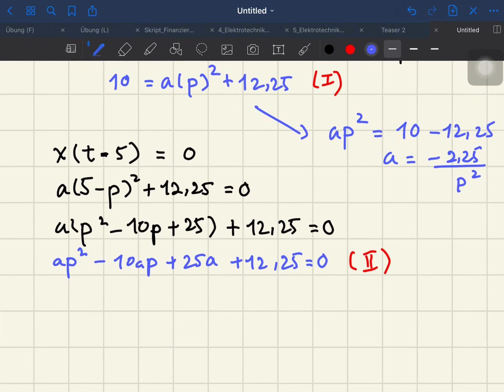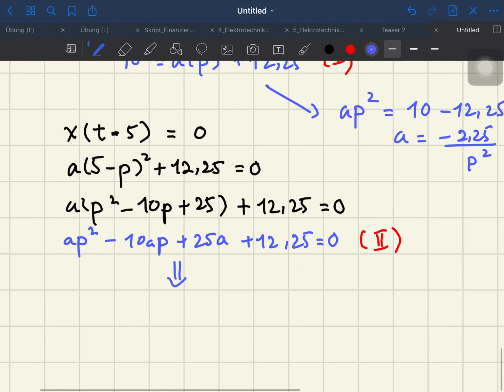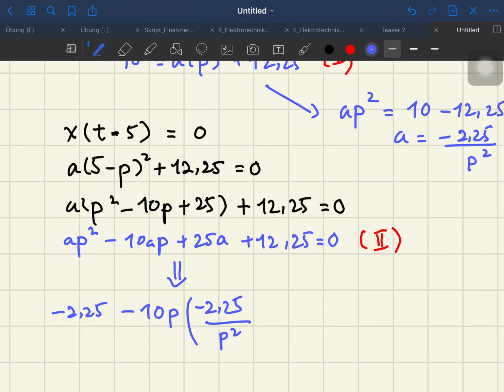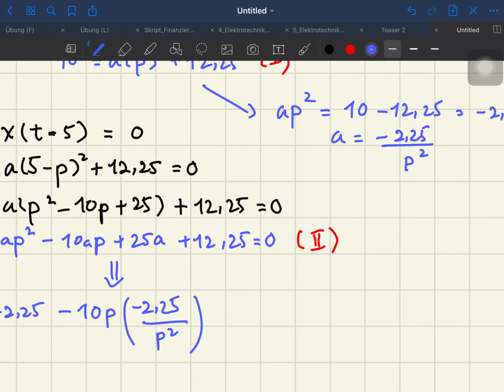You convert them in terms of p, 2.25 p squared, p cancels out, and then negative ap times negative 2.25 over p squared, very interestingly, and then plus 25 times negative 2.25 over p squared, and then plus 12.25.